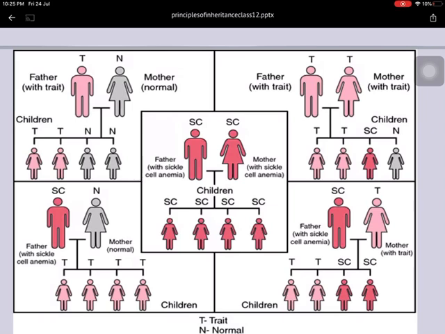In the second condition, you are able to see the trait appears, one child is normal and one is affected. So this is not related with the sex of the person, male or female. It affects male and female equally, and such types of diseases are known as autosomal.